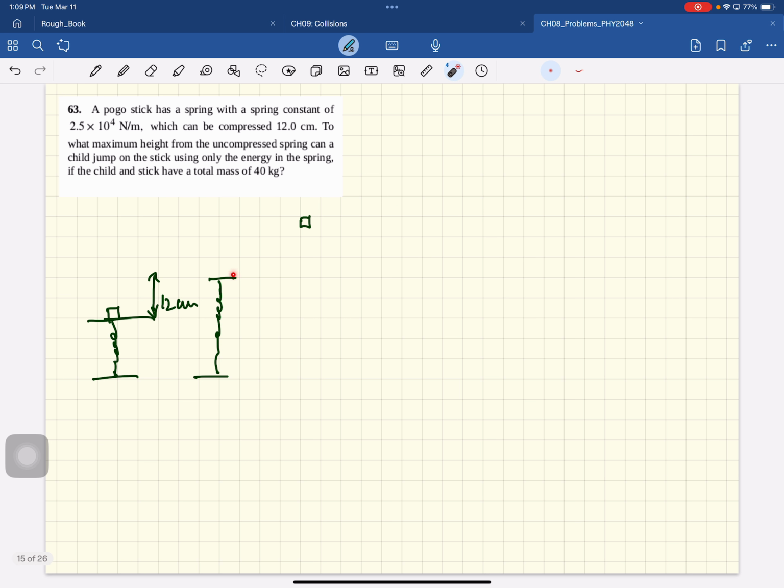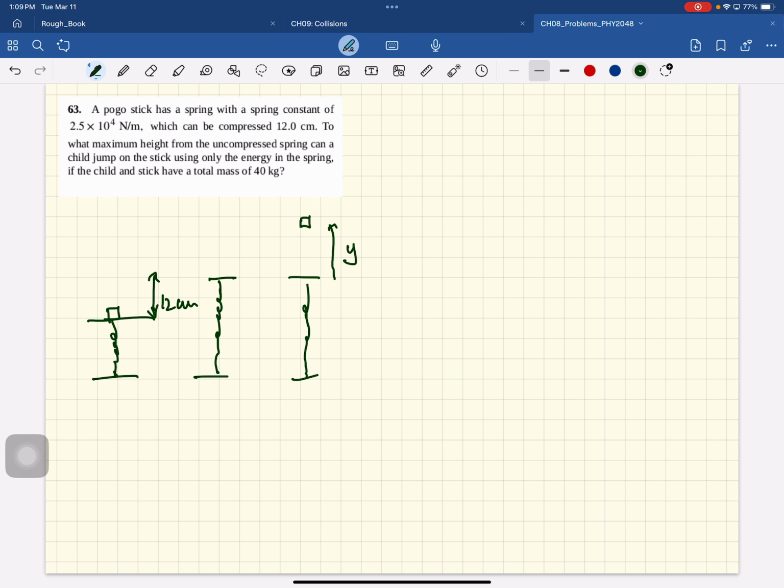So this is what they're asking you. We'll assume the pogo stick has negligible mass, and he's holding on to the stick, and that's where the center of mass of the child and the pogo stick is after. So this is the distance that you want, y.